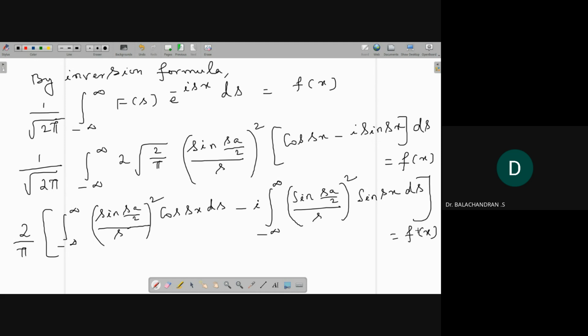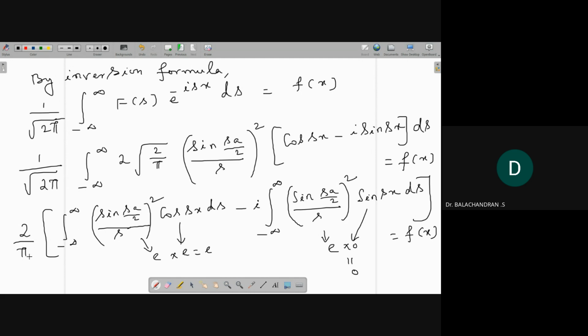So again, I should use the idea of odd function and even function. The numerator is odd, denominator is odd. We know odd by odd is even. So totally, this is an even function. Even into even is even. This is what? Odd. So even into odd, you get odd. So the second integral is 0. The first integral you can write as 2 times 0 to infinity.